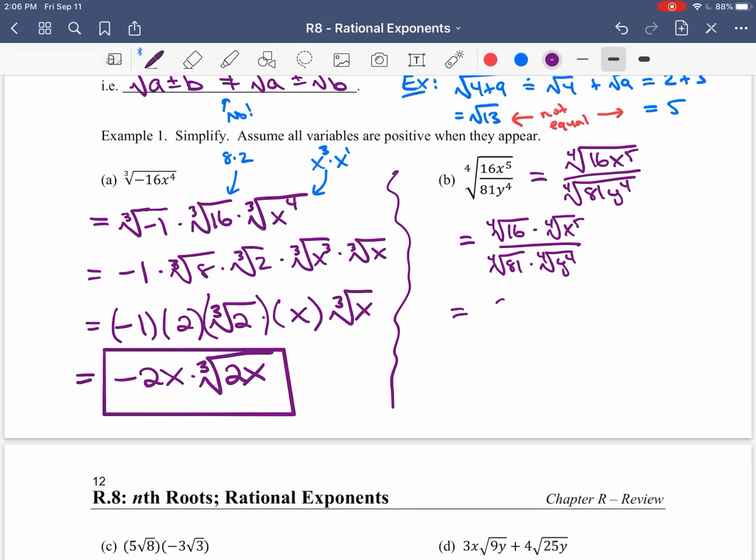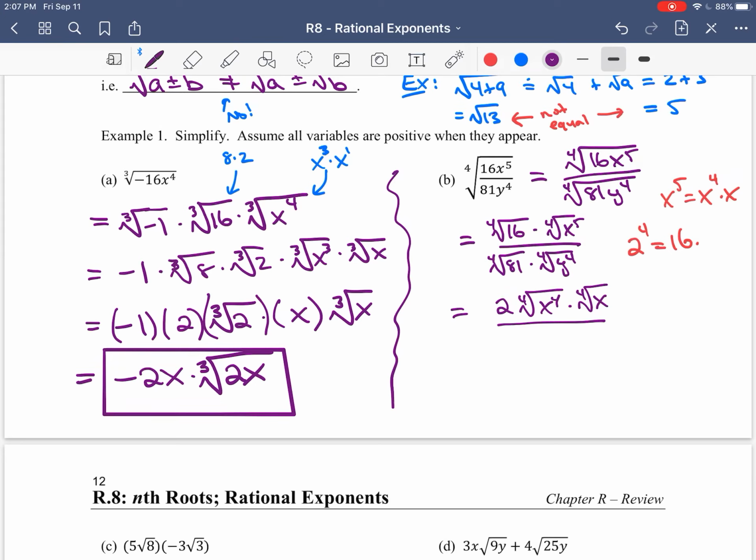Now the fourth root of 16 is 2, since 2 to the power 4 is equal to 16. Also, x to the 5 is equal to x to the 4 times x, so we could break that down further as well. So it's the fourth root of x to the 4 times the fourth root of x.